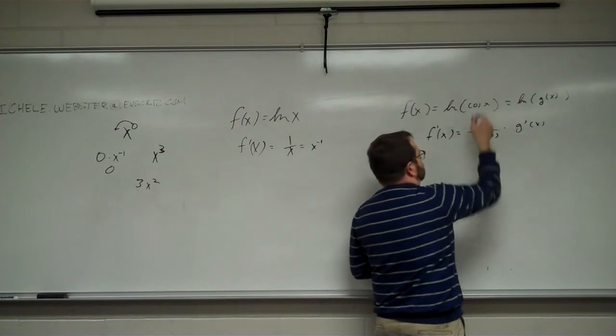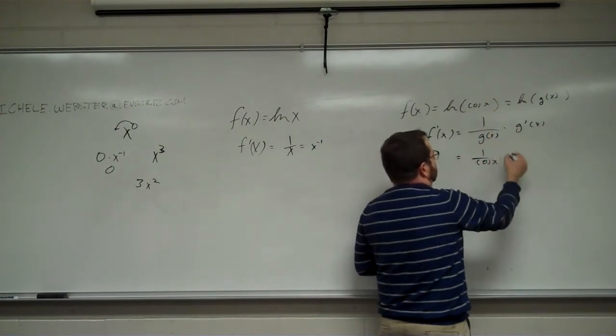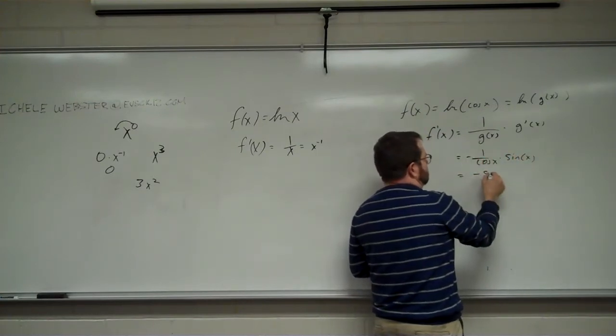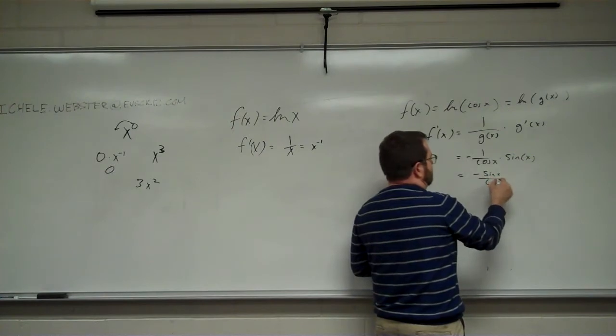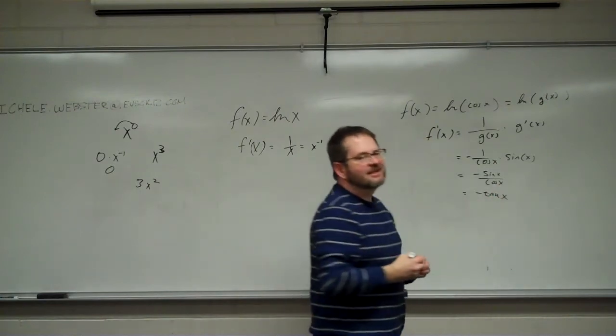In this case where g was cosine of x, this is 1 over the cosine of x times the derivative of cosine, which is negative sine. So this is negative the sine of x over the cosine of x. Or in this case, how weird is that? It's tangent.